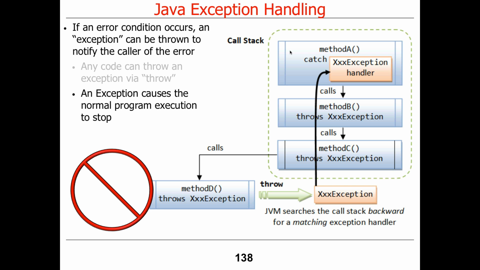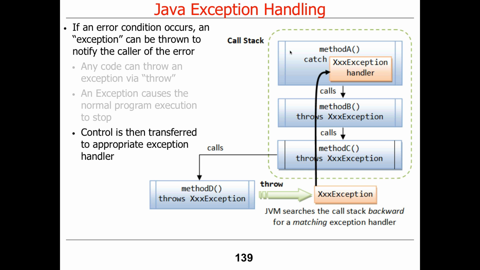You can think of exception handling as basically a go-to statement in some sense, that can potentially go much further away than the scope in which the problem occurred. We'll talk more about that later. The Java runtime searches up the call chain to try to find an exception handler.